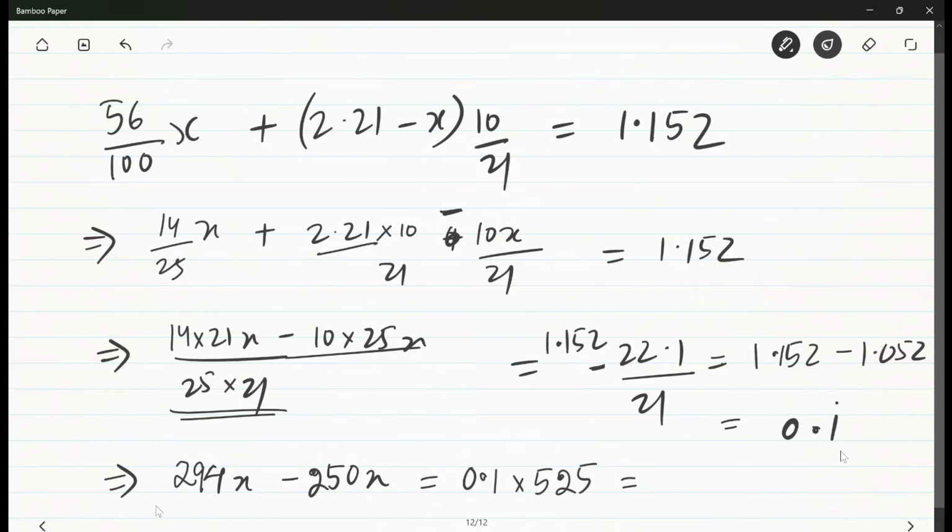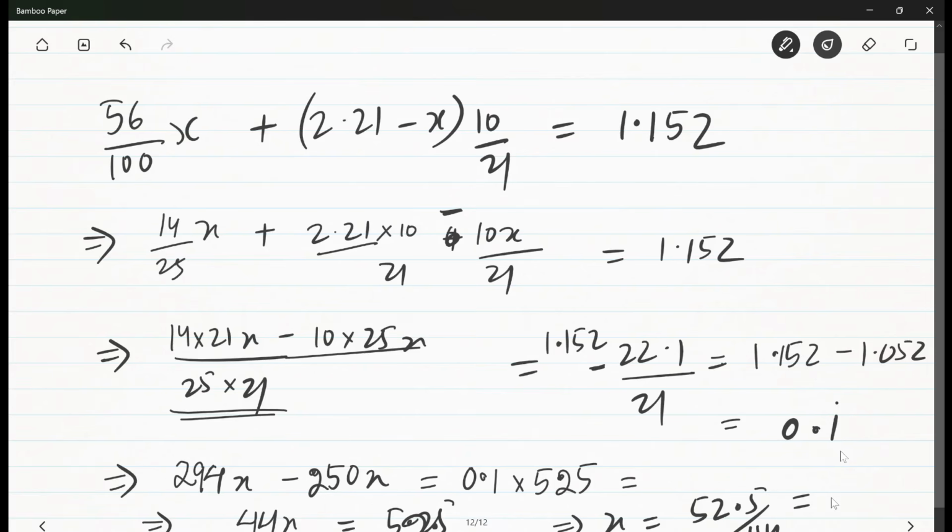So now you see the difference. 44x is equal to 5.25. Sorry, 52.5. x will be equal to 52.5 by 44.